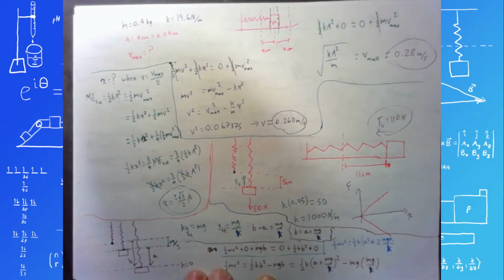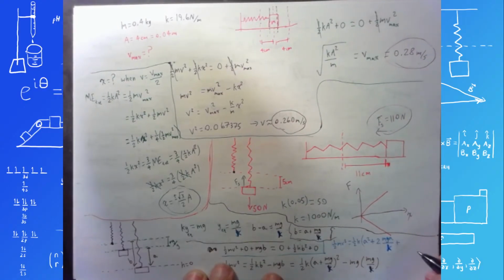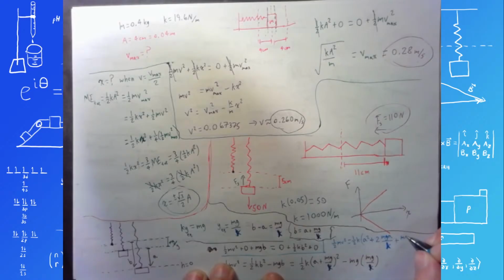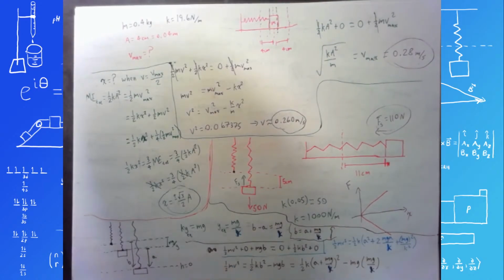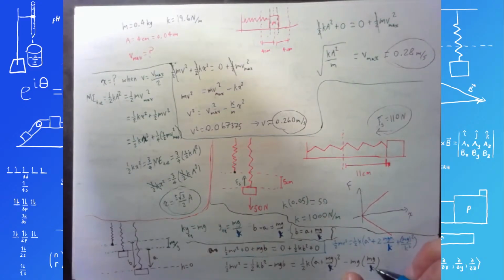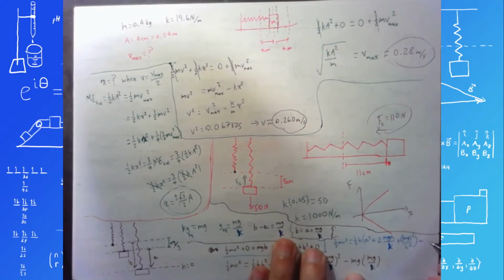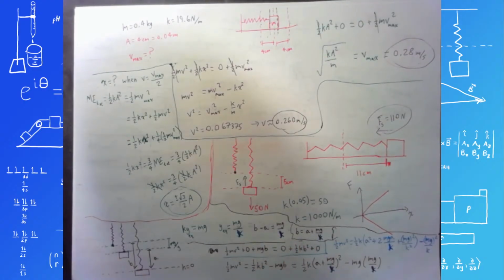Okay, now I think I've corrected all of them. 1/2 k times this stuff foiled, so a squared plus 2mga over k plus (mg) squared over k squared, all that in the parentheses, minus, this is going to be mg times mg, which is just mg squared over k, so that's minus (mg) squared over k. I'm going to need to continue this on a new sheet.